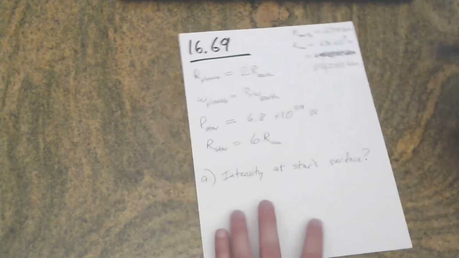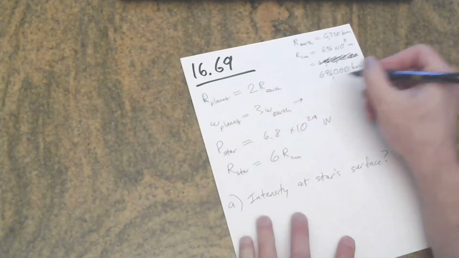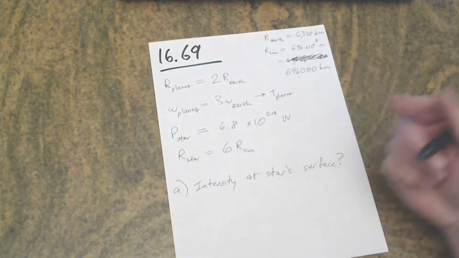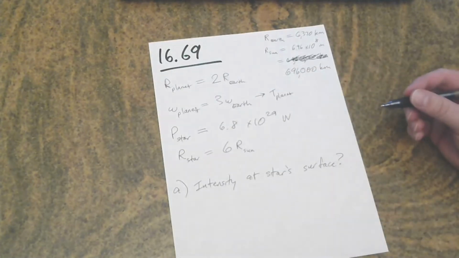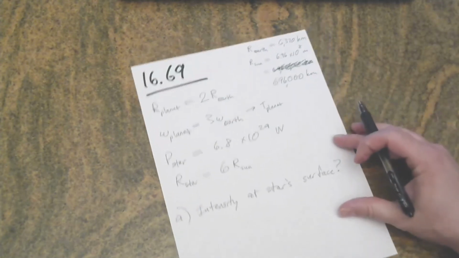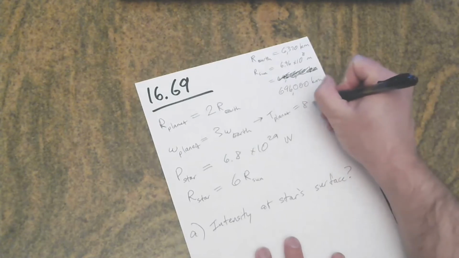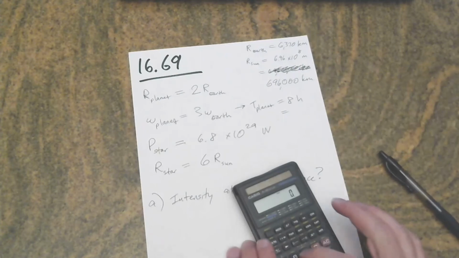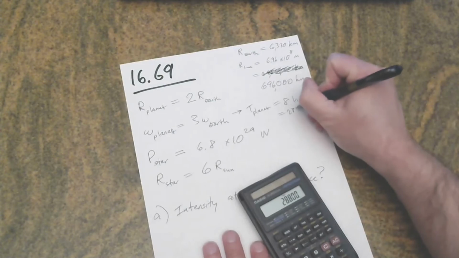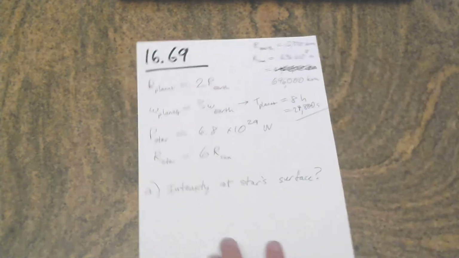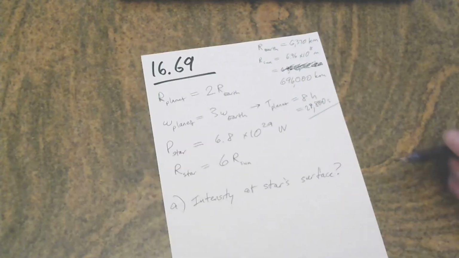So we can immediately turn that into information about the period of the planet. If it's spinning 3 times as fast, doesn't it take 1/3 the amount of time to turn once? Earth turns every 24 hours. So this planet turns every 8 hours. And we might as well turn that into an SI quantity right now. So 8 hours times 3,600 seconds per hour, 28,800 seconds is the amount of time it takes that planet to turn once.